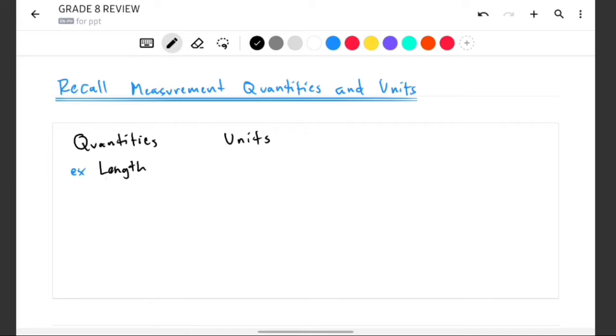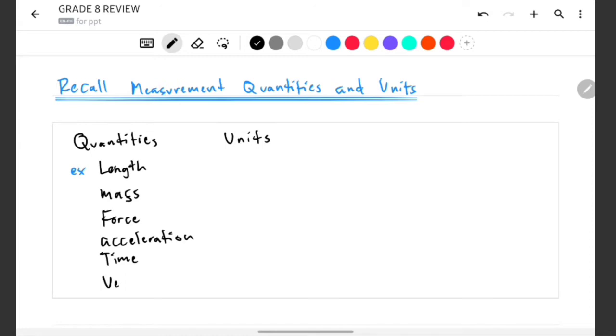How about for mass? And how about for force? Ito yung bago. How about for acceleration? Time. How about velocity?